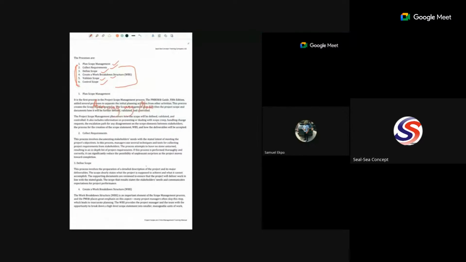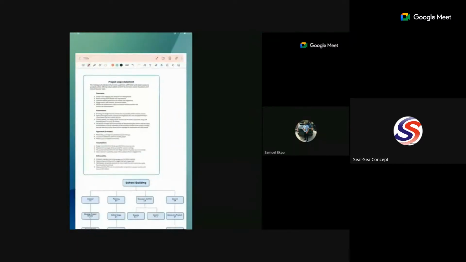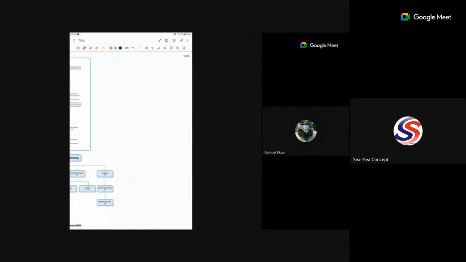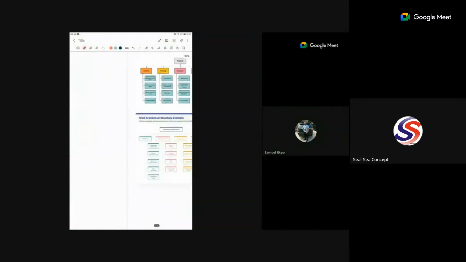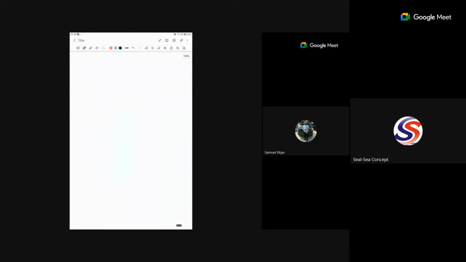Let me use a white space so that we do not interfere. So let's say this is a project.